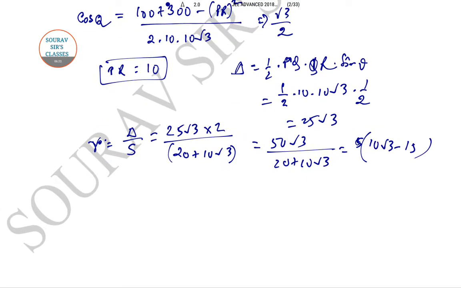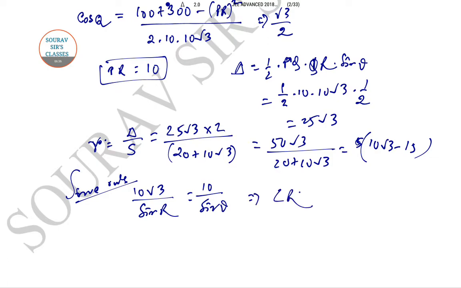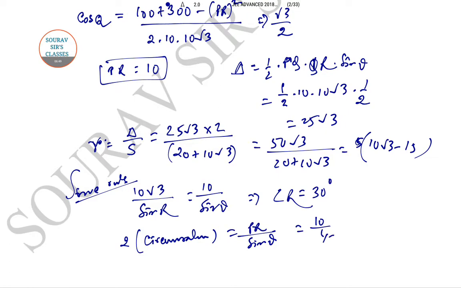By the sine rule, 10 root 3 by sine R equals 10 by sine Q, so angle R is only possible as 30 degrees. So 2 into circumradius is PR by sine Q, 10 by half, so circumradius is 10.